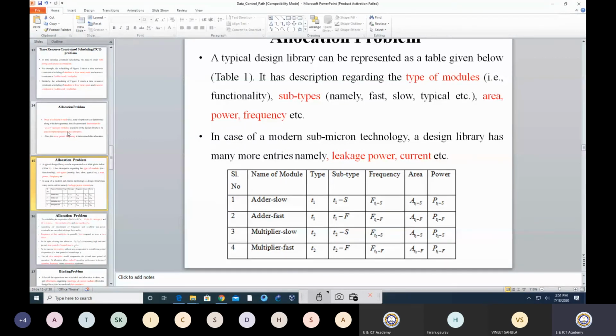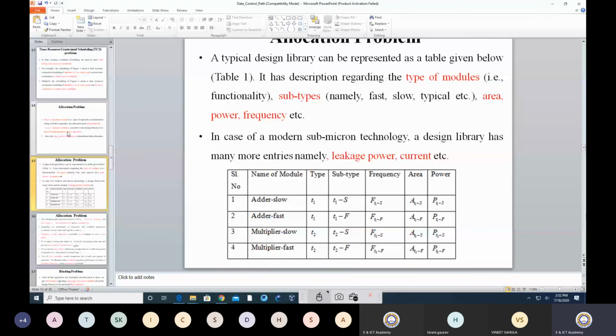Ripple carry adder is the simplest one, maybe area wise also it is more efficient than the carry look ahead adder. But carry look ahead has a somewhat complex design and larger area, but it is good in terms of speed, while the ripple carry adder has somewhat lesser area but suffers in terms of speed. So an adder can be slow or fast.